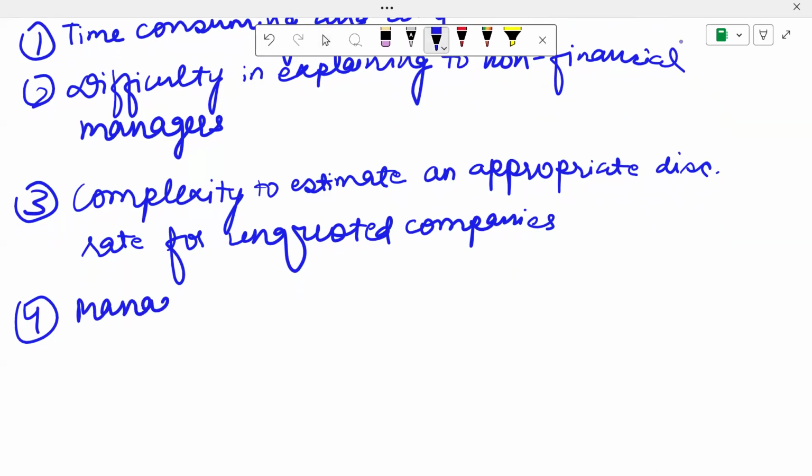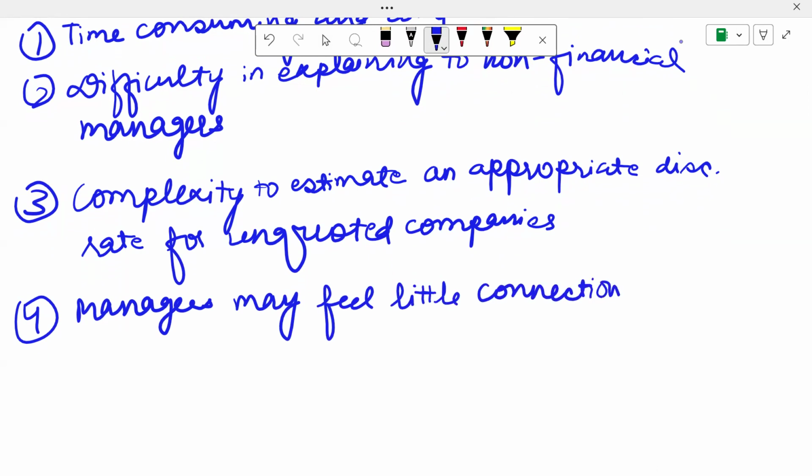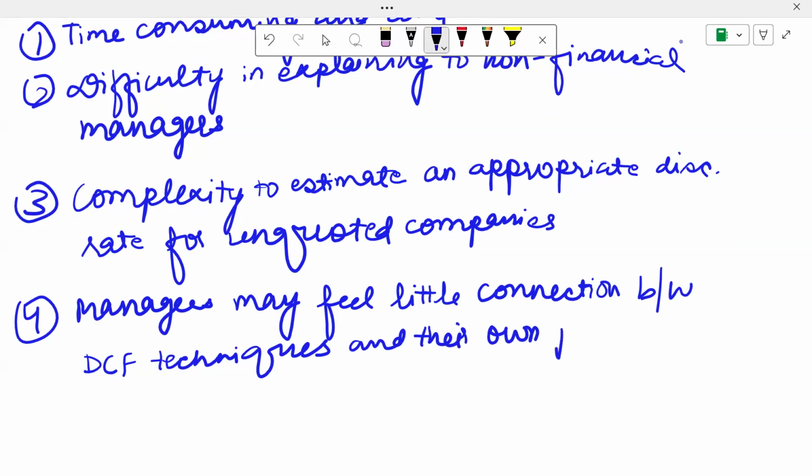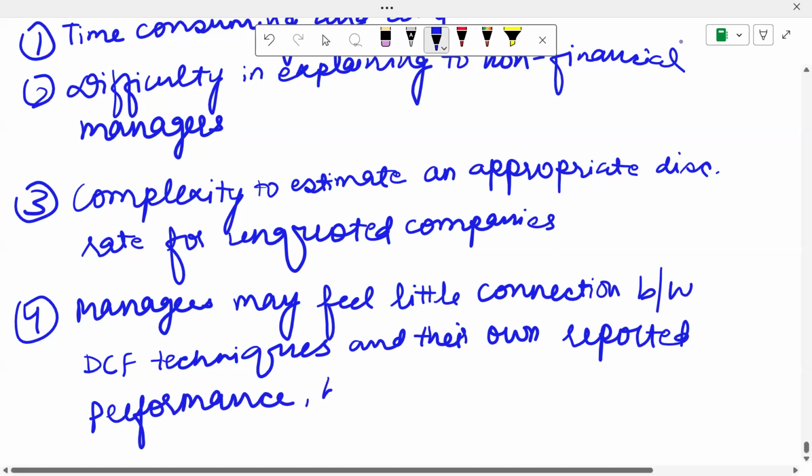So managers may feel little connection between DCF techniques and their own reported performances and bonus systems.